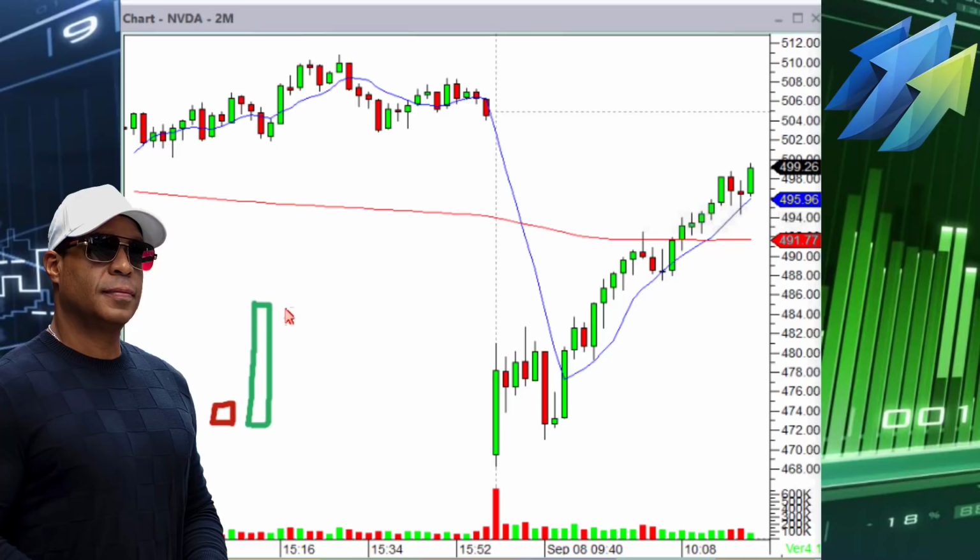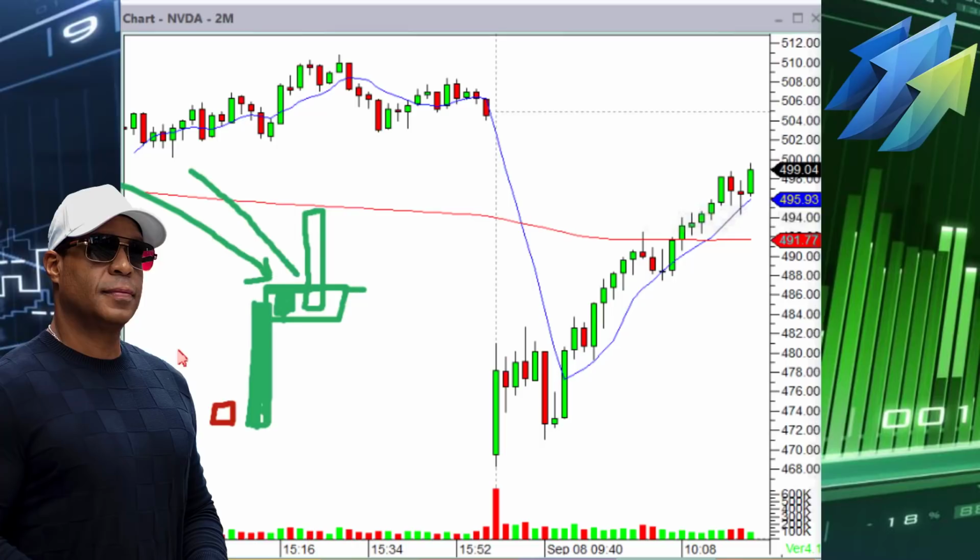And here is kind of like a narrow range bar. That's not an RBI, but you're going to buy above the narrow range bar with a stop.